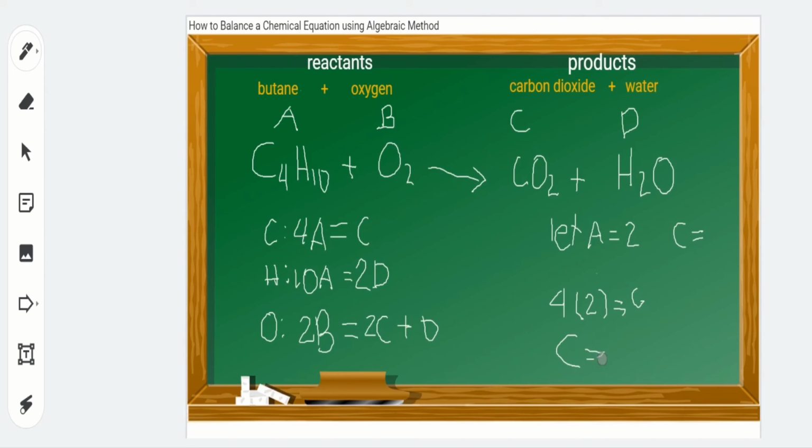So let's write here, C is equal to 8. Now we have the value of C and A initially.